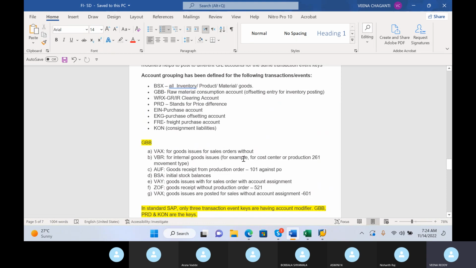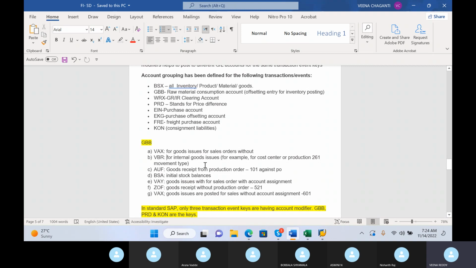For internal goods issue, for example, we are issuing the goods to a cost center or production. If you are buying some goods from the vendor, that is a BSX transaction. After that, when we send goods from one department to another department for manufacturing, that is also one movement. That will give one offsetting entry, internal goods issue, whether it is a production issue or a warehouse issue, from warehouse to a department.